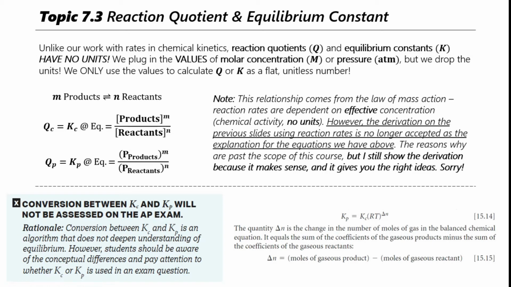Time for some technicalities. When we plug in a concentration or a partial pressure, like over here or over here, we are not plugging in the units with it. If you go further in chemistry, we call this a chemical potential or chemical activity. That doesn't have units. It's a little odd.